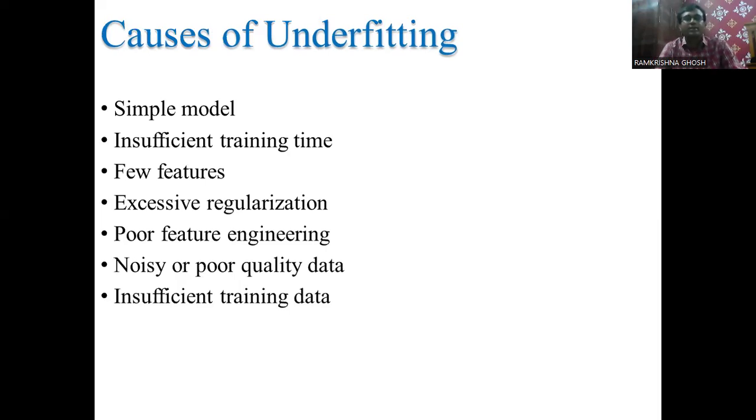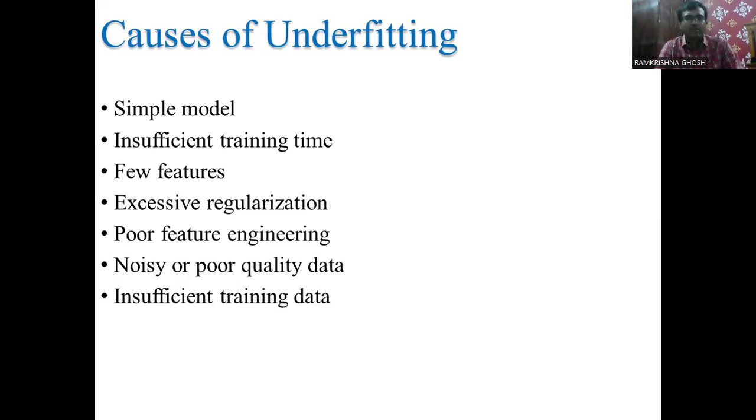Causes of underfitting. The model is too simple. There is insufficient training time. There are very few features. Excessive regularization. Poor feature engineering.